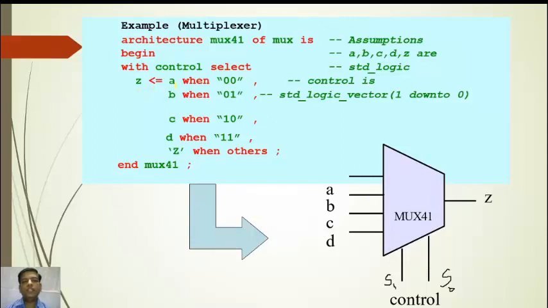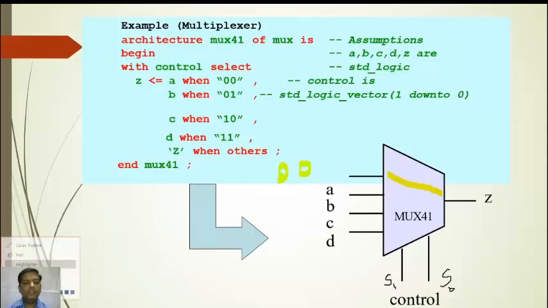Z is equal to A when my S0 and S1 both are 0, 0.